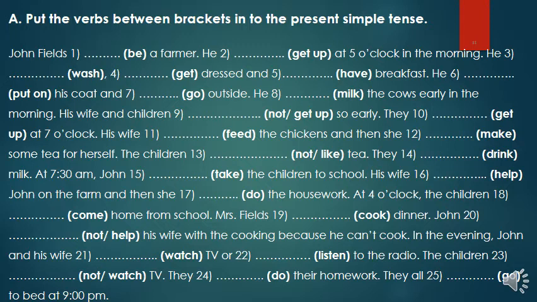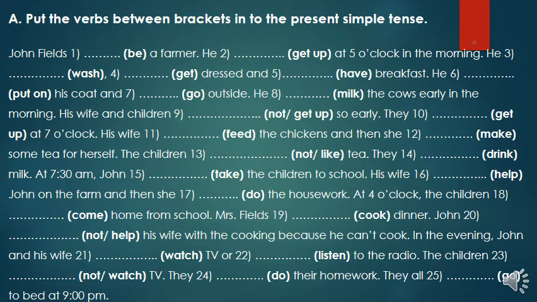Let's start with number 1. John Fields, a farmer. Here we have the verb be. As we said before, be is either is, am, or are. John Fields is the name of the person, so it is a singular subject.